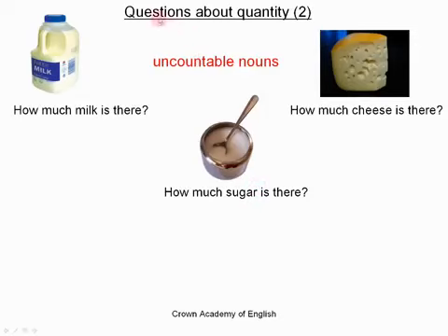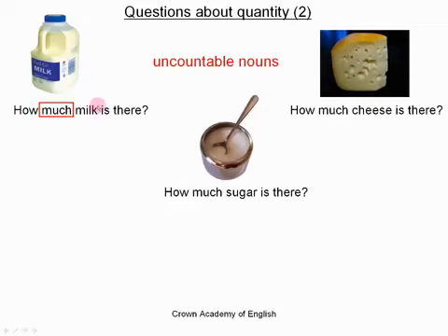And so when we are using questions about quantity with uncountable nouns, then this time we use the expression how much. Alright, we do not say how many, we say how much.